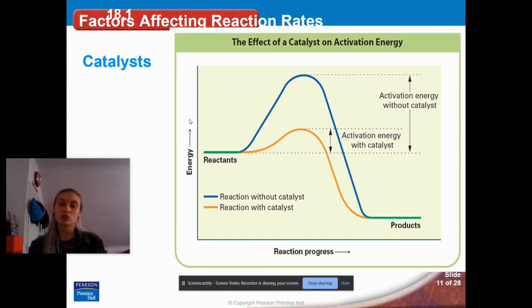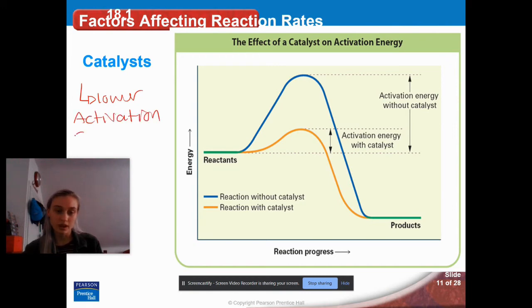And then in chemistry, I already showed you this graph, but what happens is catalysts lower the activation energy. So I'm going to put lower activation energy, because that's what catalysts do.